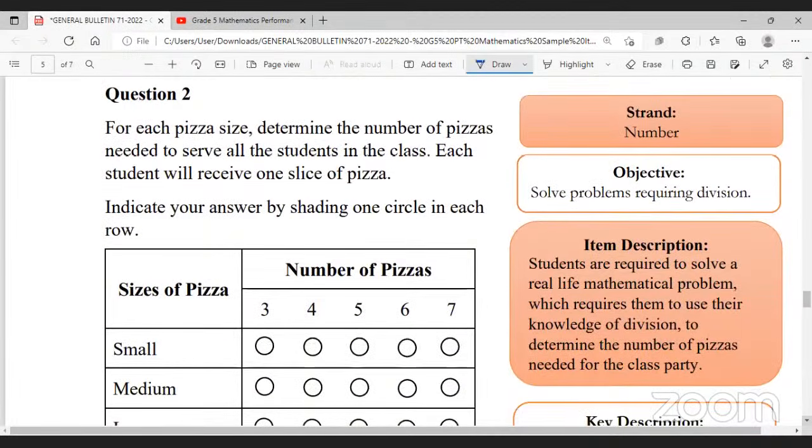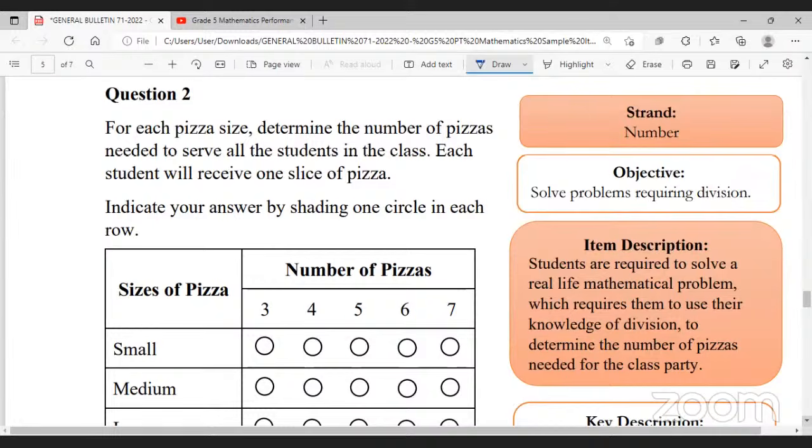It says, for each pizza size, determine the number of pizzas needed to serve all the students in the class. Each student will receive 1 slice of pizza.